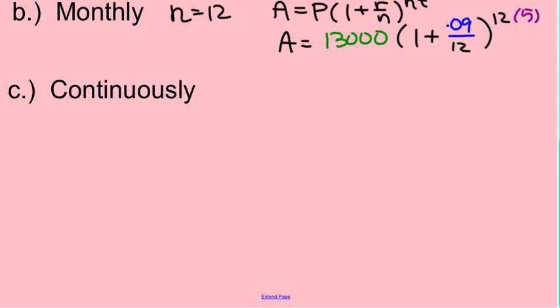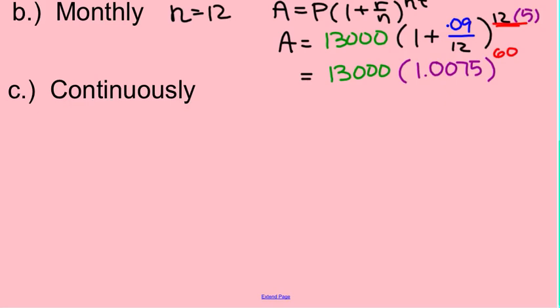So let's simplify that. We do our parentheses first. Go to our fraction, 0.09 divided by 12 is 0.0075. Add 1, and you get 1.0075. Then multiply these two pieces together. 12 times 5 is 60. And then you have $13,000.